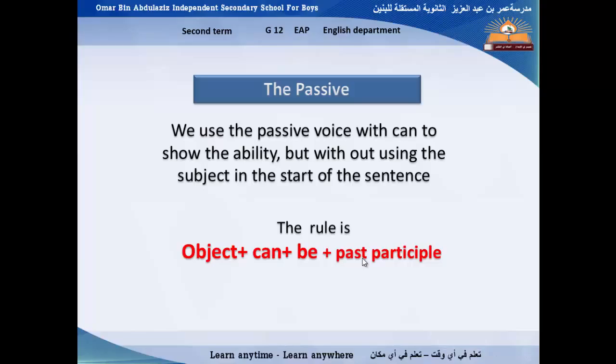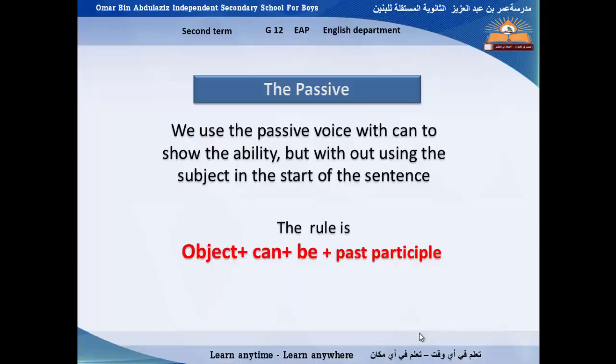So what's the past participle? The past participle is the third form of the verb. You know, in English we have three forms for the verb: the first, the second, and the third one. The third one is called the third conjugation, or the past participle. The past participle in English is different from verb to verb.